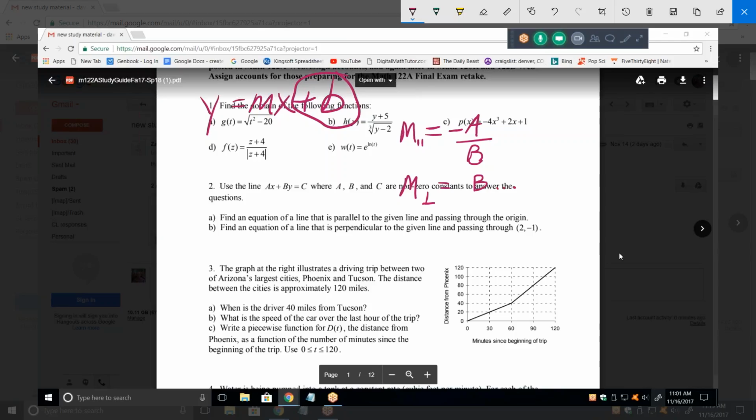Not just the reciprocal. You said inverse, but you meant reciprocal. Not the same thing. And you have to change the sign. So whenever you're looking at the perpendicular slope, remember you have to do both. So there's our slope, and we have to pass through that point this time.